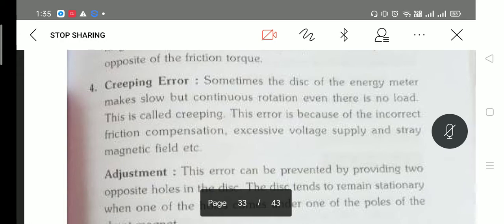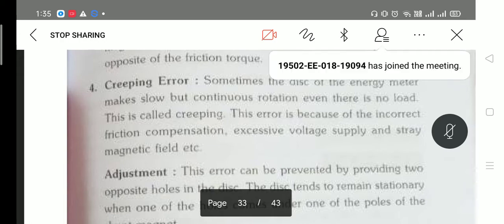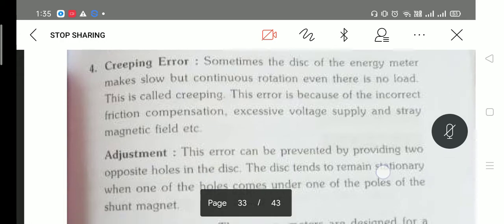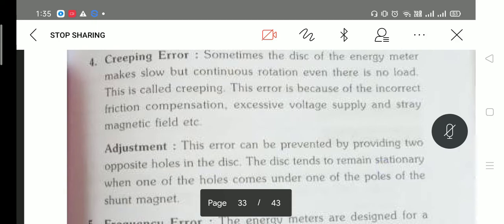We can avoid this error by adjusting the holes in the disc. We can give holes in the disc, then we can avoid the creeping error.